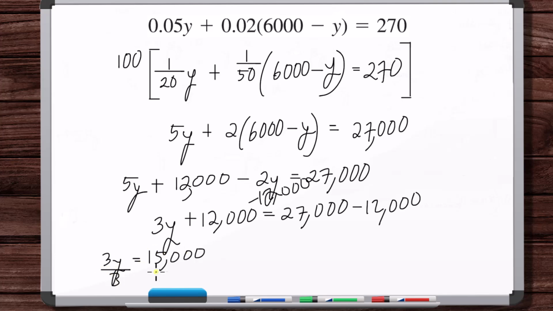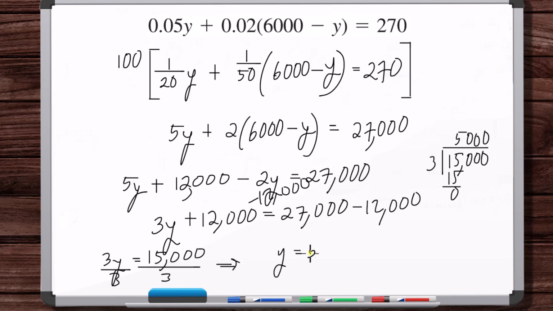Now we can divide both sides by 3. So we've got 3 times 5 is 15. And so that's going to be 5,000. So y is equal to 5,000.